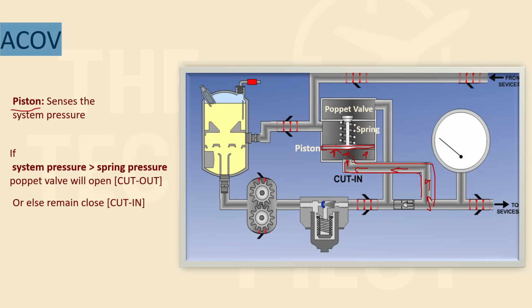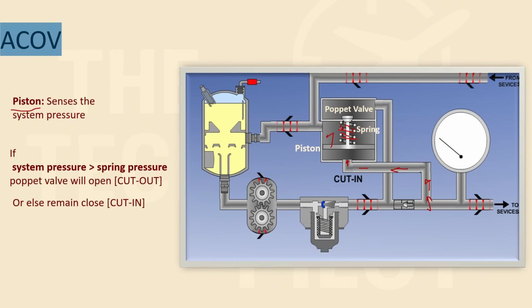And then there is this spring that is constantly pushing the piston downwards, right? And see, this is the spring constantly pushing it down, and the system pressure is trying to push it up. So if the system pressure is more than the spring pressure, what will happen?